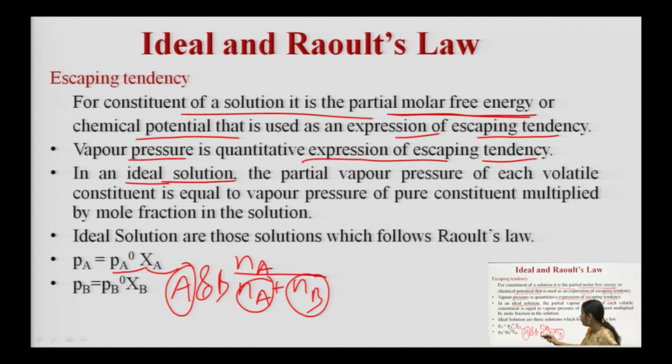Then it is your mole fraction. So, what does Raoult's law state? That the partial vapor pressure of the constituent is equal to the vapor pressure of the pure constituent multiplied by its mole fraction.